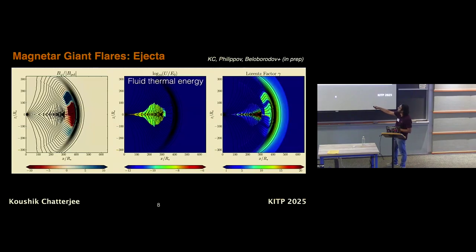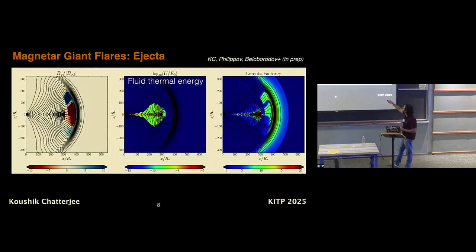So the middle panel again is showing the fluid thermal energy. You can see that's the ejecta over there. And you're able to see the field lines, but that's the ejecta head over there, and the colored region over here, that's the ejecta tail, which is being filled with the reconnected gas. So in addition to having a cold ejecta head, you also have a hot ejecta tail.